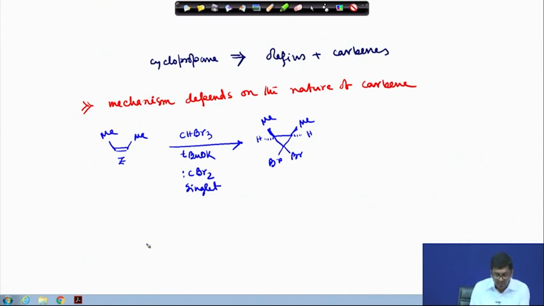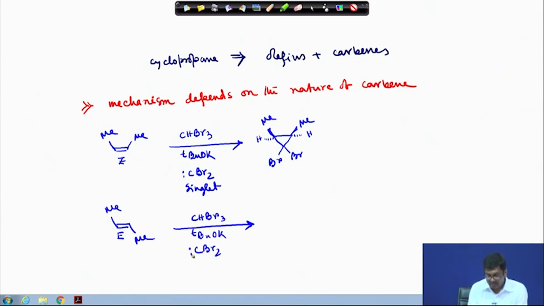Fine. Now, if we take this E olefin and under similar conditions, that means with this singlet carbene, what we found the product is like this.